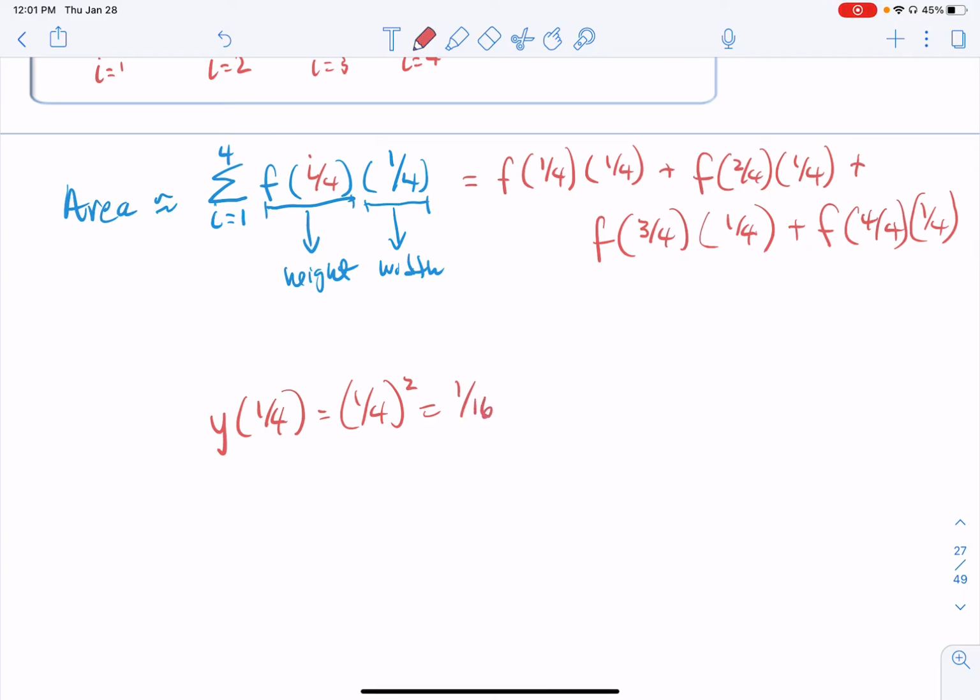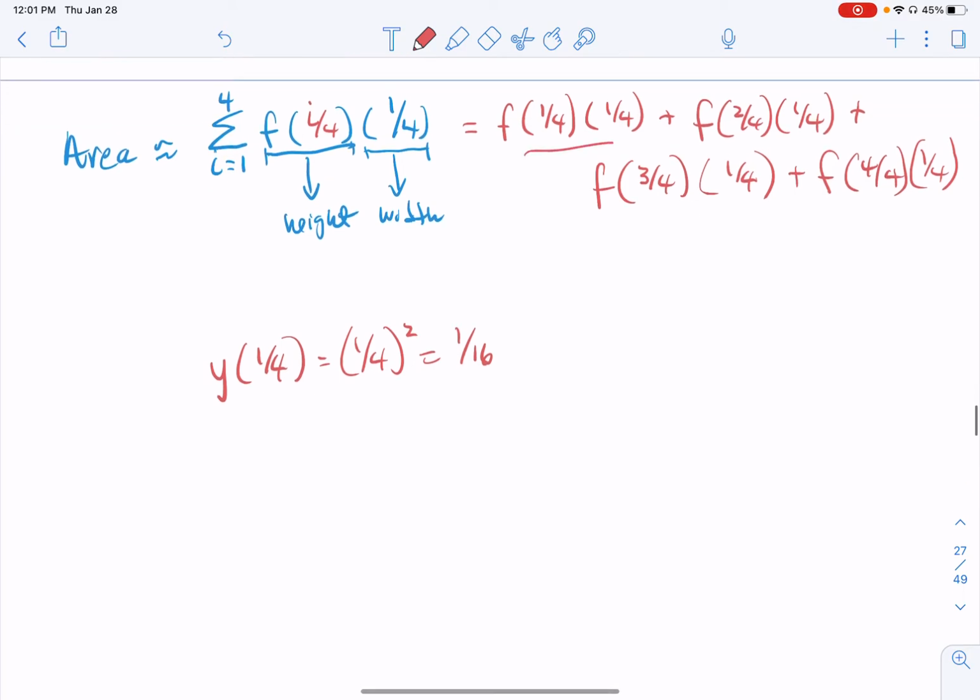Then in order to find the actual area of that rectangle, you multiply it times 1/4 for the width. So you'd have 1/16 times 1/4. You can see you definitely don't want to have to do all of this by hand. So there's the area of that first rectangle.